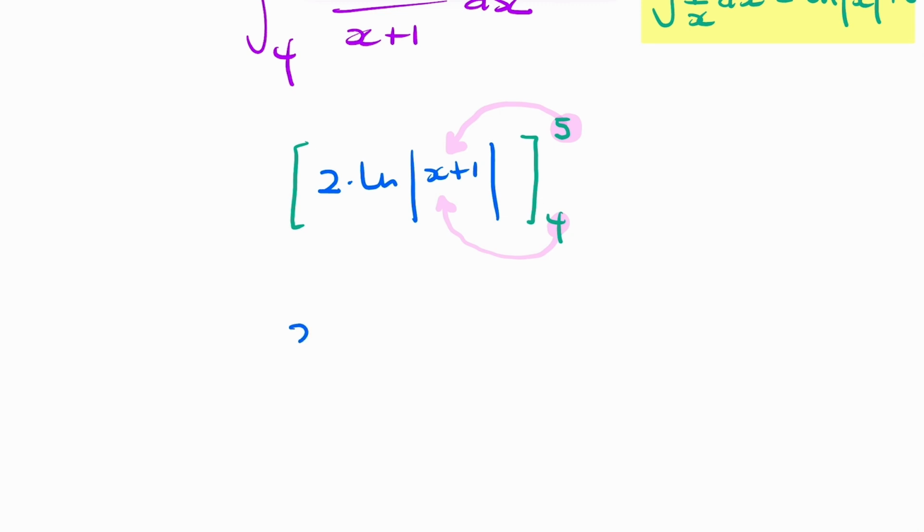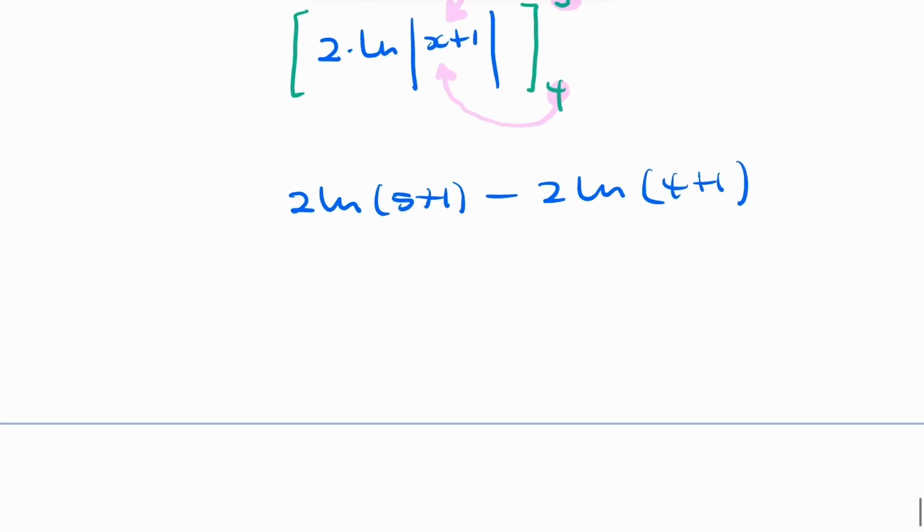So the answer will be 2 ln of 5 plus 1 minus 2 ln of 4 plus 1, which is 2 ln 6 minus 2 ln 5. And you can leave it like that if you like.